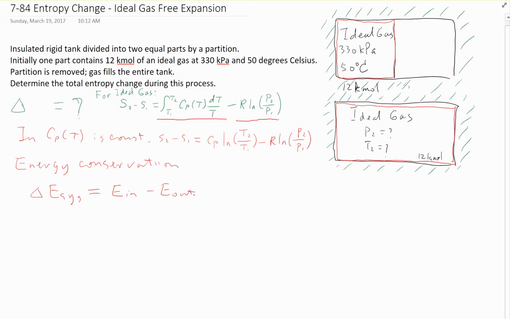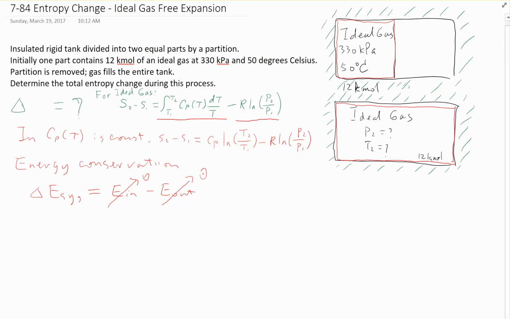What's coming into the system in terms of energy? Nothing, because the rigid tank is well insulated, so this is 0. Does the system do work to the surroundings? No, it doesn't, because it pushes against nothing and doesn't do any work. And there's no heat transfer out of the system to the surroundings either. So E out is also 0.